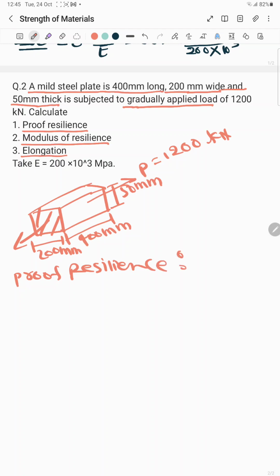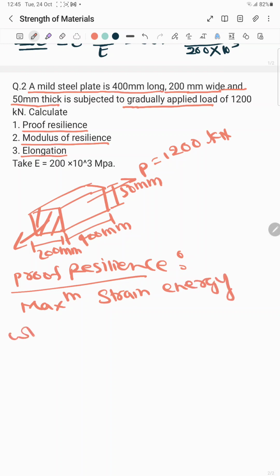Proof resilience, what does this mean? It is nothing but the maximum strain energy which is stored inside the material.